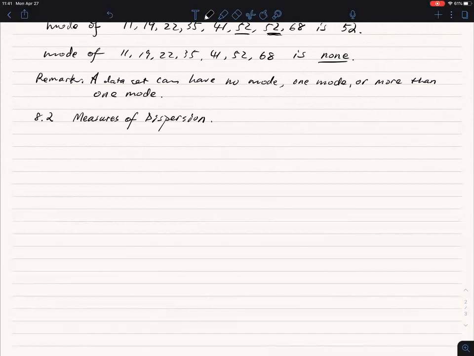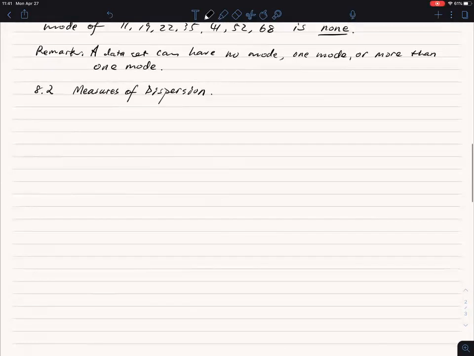So you have an average there, and you also want to know all the values in the data set. How do they distribute around the average? How far are they from the average? That idea is called dispersion or spread.